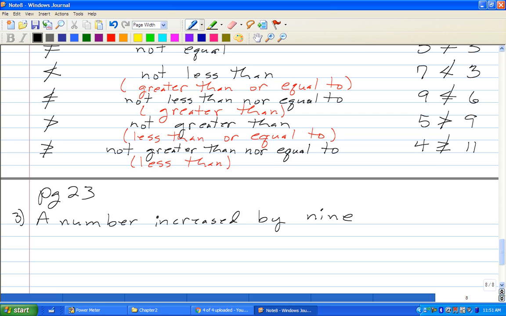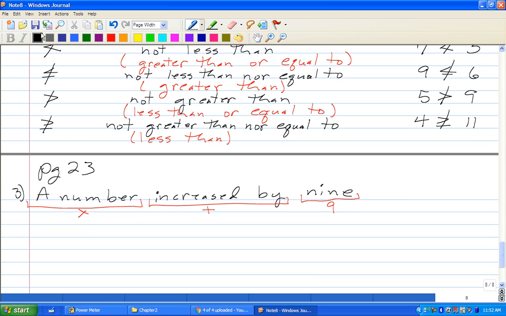In exercises 1 through 16, change the phrase into an algebraic expression. Use x to represent the unknown variable. Okay, so I want to translate a number x increased by, plus, 9. And so I can translate this into the following: x plus 9.